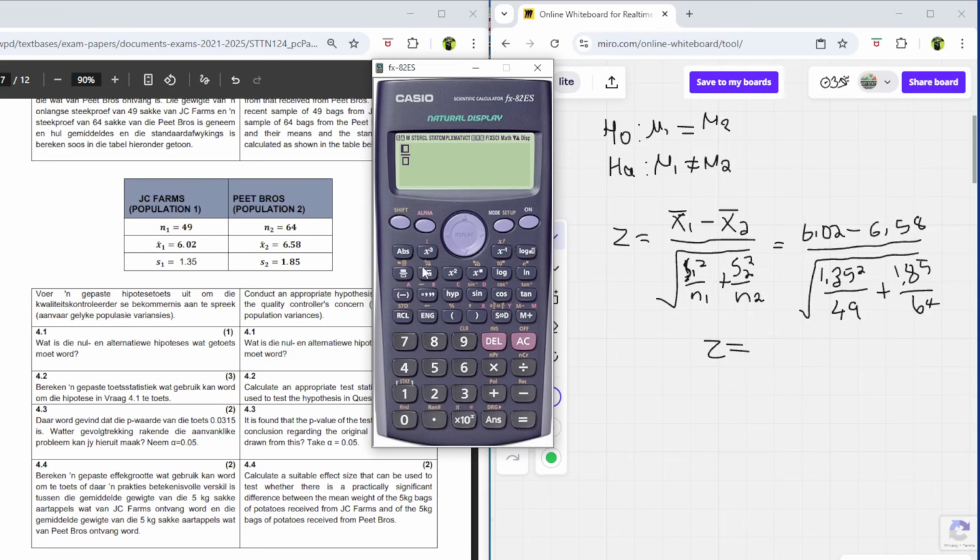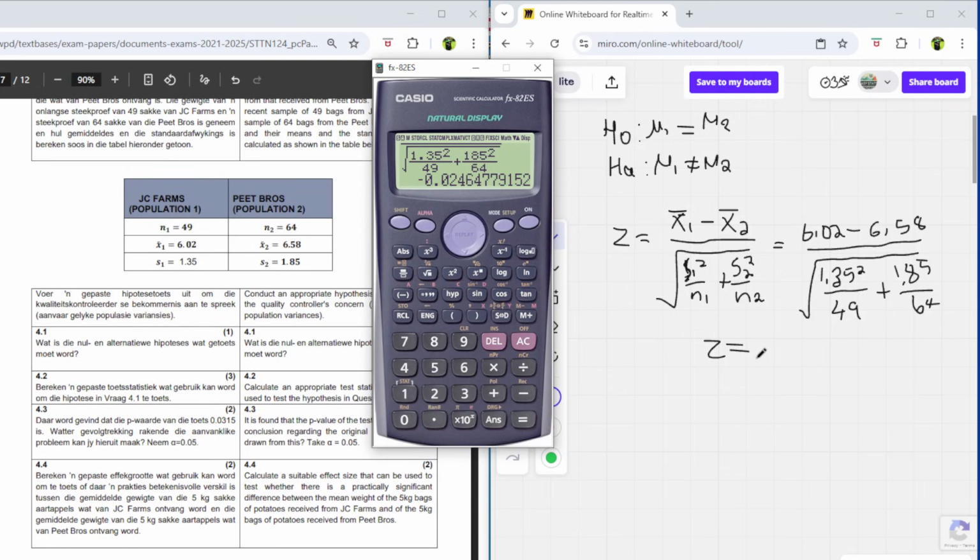Let's see, 6.02 minus 6.58 over the square root of 1.35 squared over 49 plus 1.85 squared over 64.